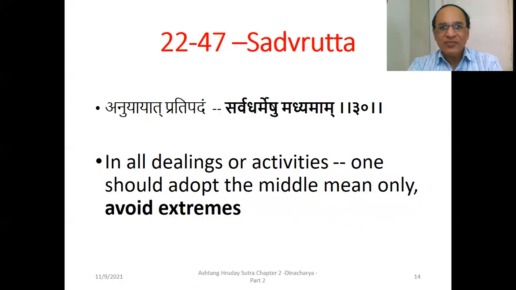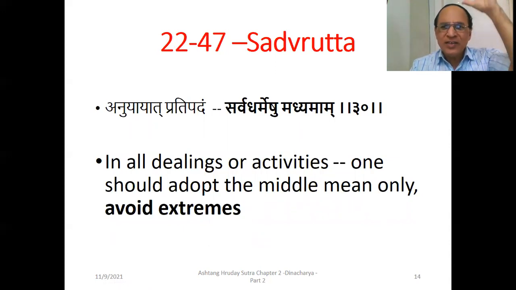Next, anuyayat pratipadam sarva dharmeshu madhyam. This is the best statement given by Vagbhata. In all dealings or activities, one should adopt the middle mean. Suvarna madhya in Marathi, the golden mean. While eating, while talking, while behaving, while doing exercises, everything you should do in moderation.